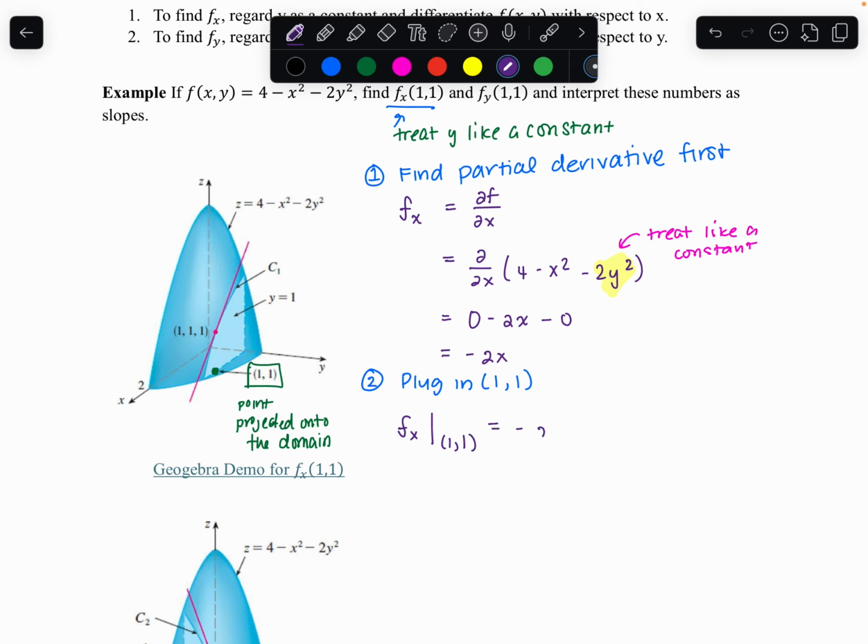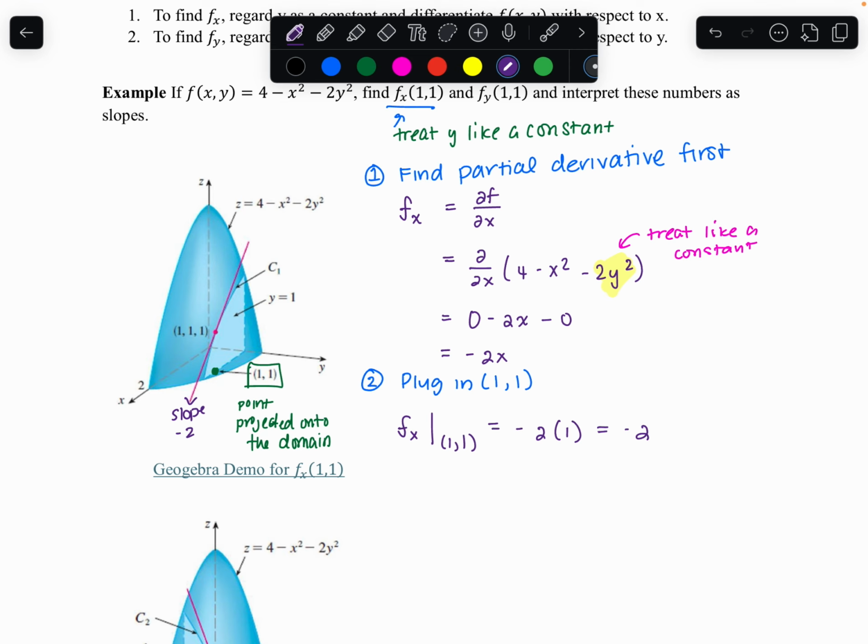That just means plug in 1, 1. There's only an x value. Yes, it is possible to be left with a y. We'll see some examples of that. And I get negative 2, which was that slope that we got originally, right? So there's my slope, negative 2, of that line. So just layer by layer is what we're working with here.